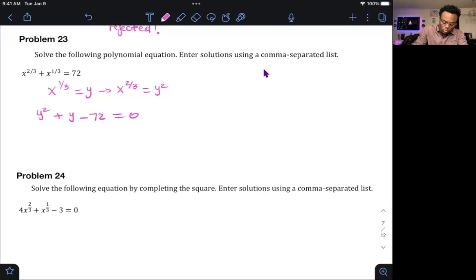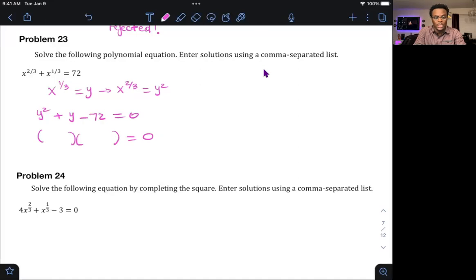So this, we can factor. That's an easy factor, because negative 72 is positive 9 times negative 8. If you say negative 9, then you would expect a coefficient of -1 for y. That's not going to be right. You need to find a +1 coefficient for y.